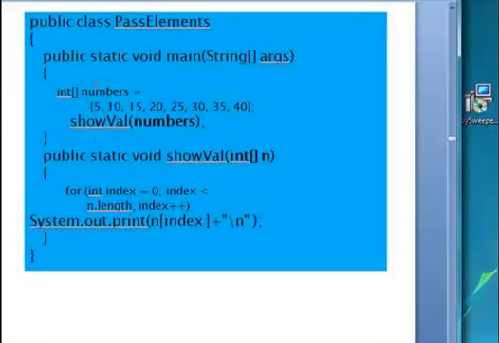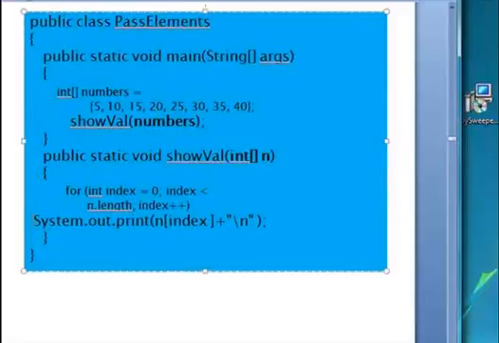It is the same, but the method that I have right here is slightly different. The difference is, let me move this one right here. The argument here is int n, and this is the array.